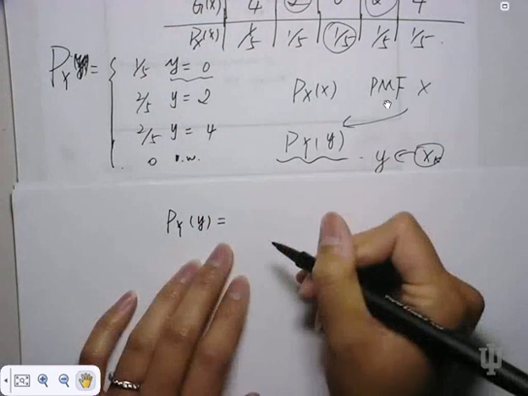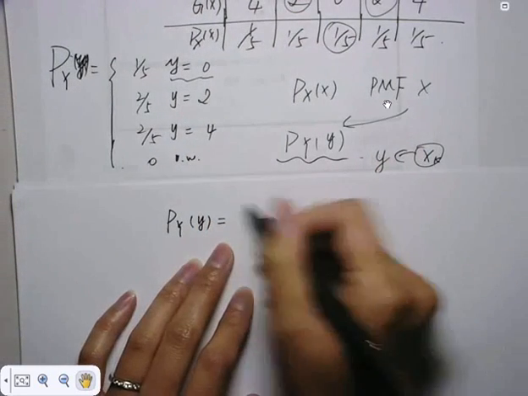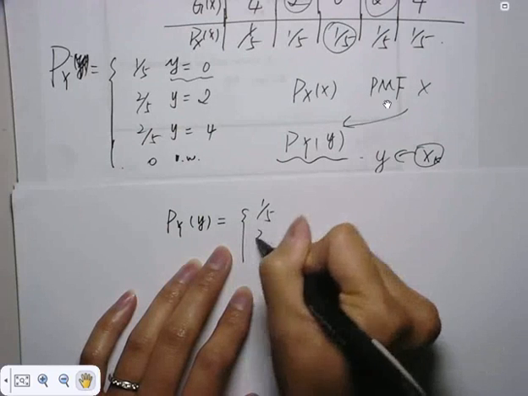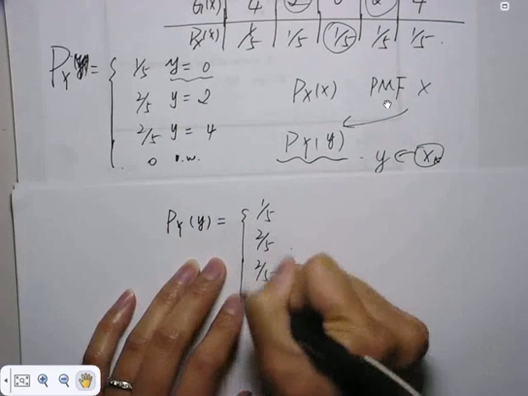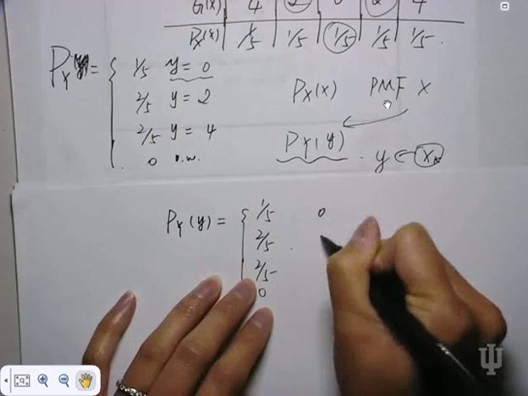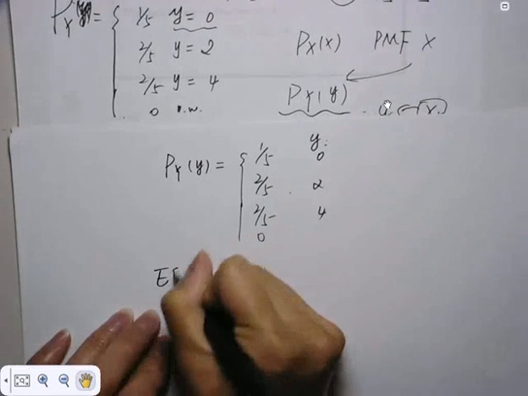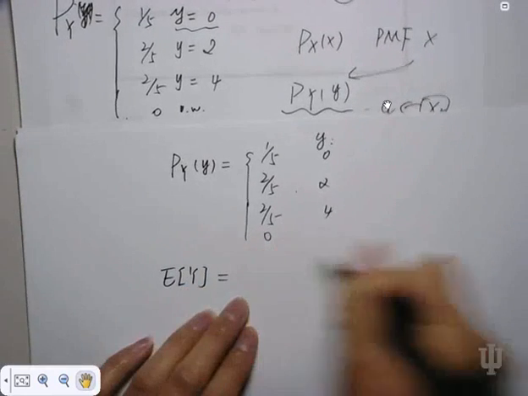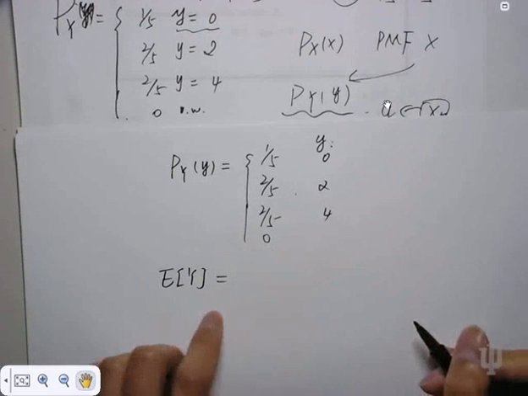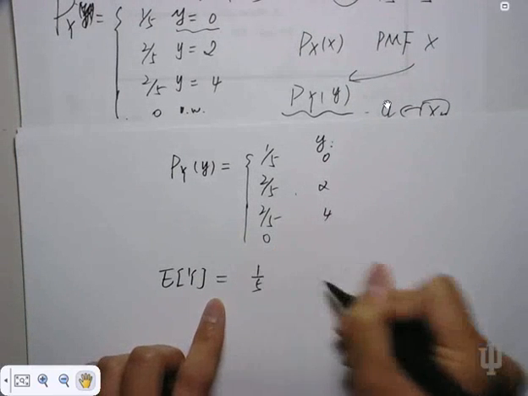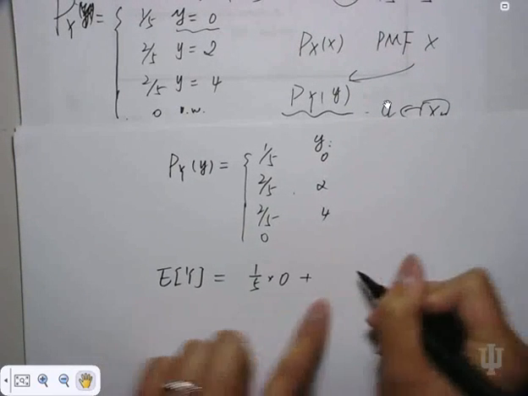Because I know my probability mass function for y, by definition, we can calculate together.